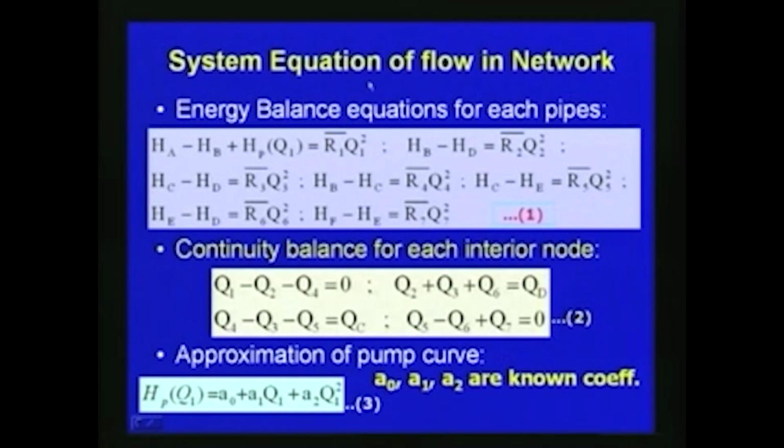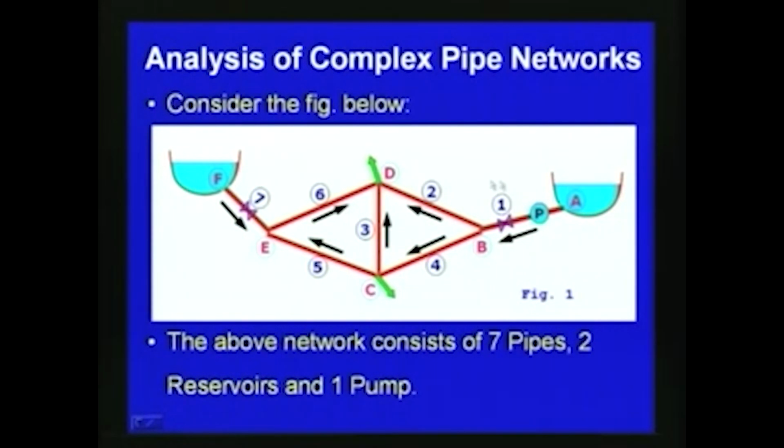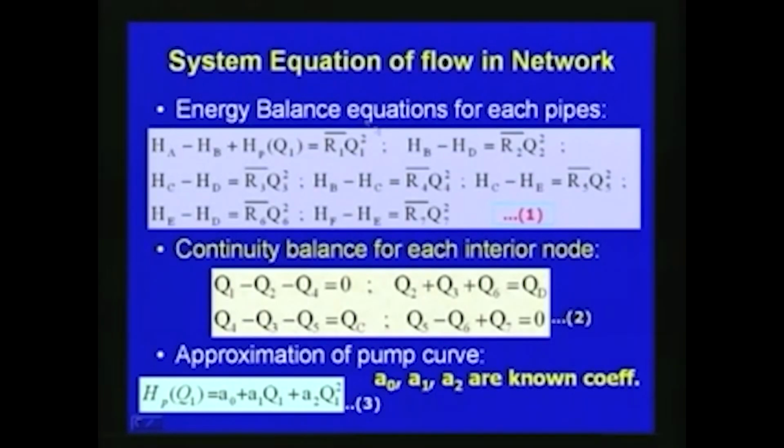Now, for each junction or each node we can write the energy balance equations, for each pipe we can write. If we consider A and B, between A to B we can write HA minus HB plus HP Q1 is equal to R1 bar Q1 square.